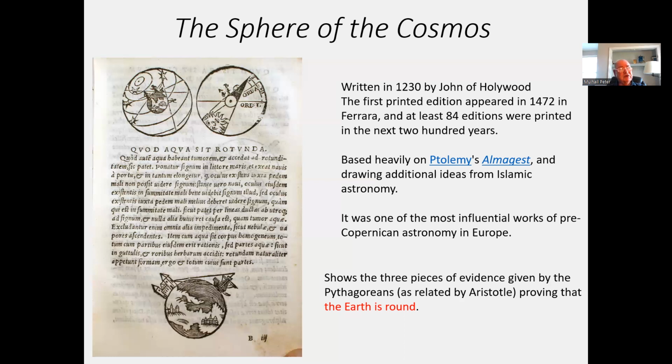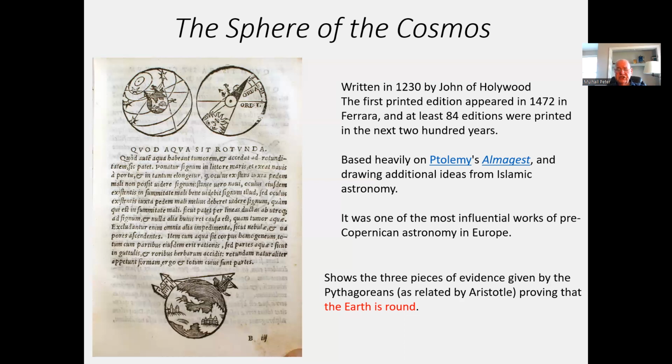All educated people in the Middle Ages, all the way back through to the ancient Greeks, knew that the Earth was round. Everyone always knew the Earth was round. If you were a farmer who never traveled more than 20 miles away from where you were born, maybe you thought the Earth was flat. That's certainly reasonable, but anyone educated certainly knew that the Earth was round.